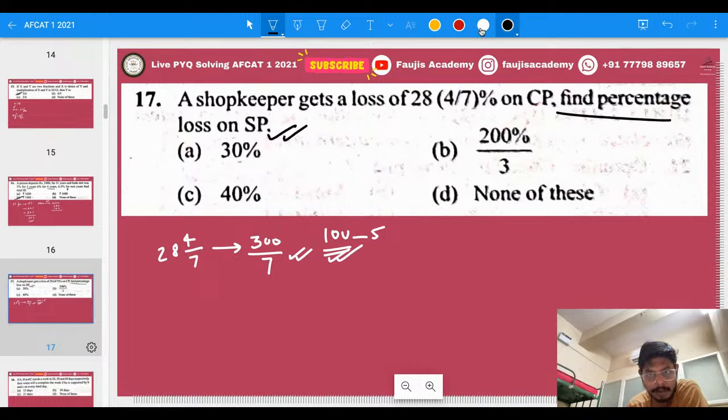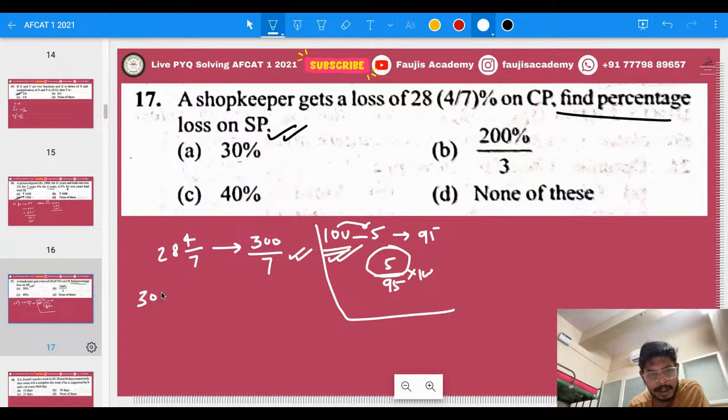Let us say 100 rupees was the cost and 5 rupees was the loss. You sold it at 95. They are basically asking us to find how much is 5 divided by 95 into 100. This is the analogy I'm drawing. So the loss value in the numerator will remain as it is, which is 300 divided by 7.